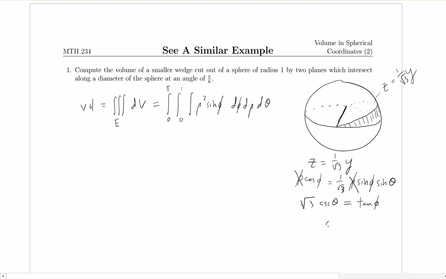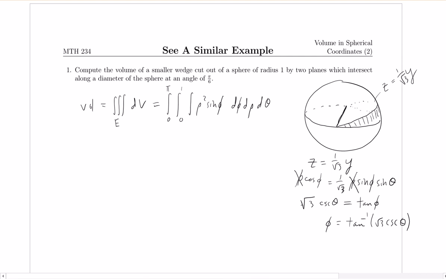So, take arctangent of both sides. Oops, that should be a theta. So here we have it. It's not very pretty, but this is the equation that tells us how phi depends on theta. Notice the bottom of the wedge is always the same.